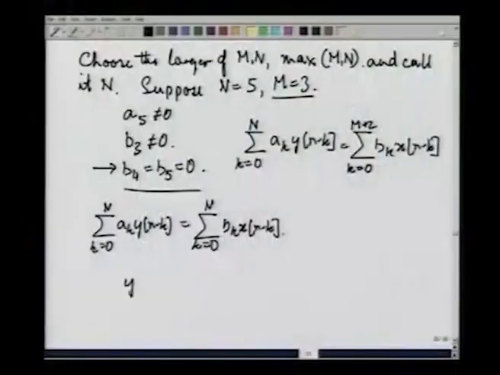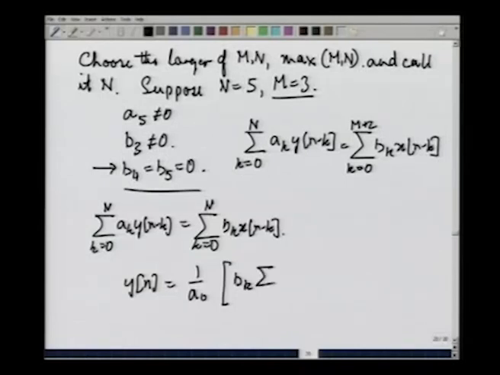We can write y n equals 1 by a naught, which is the coefficient of y n, times summation k equals 0 to capital N b k x n minus k minus summation k equals 1 to N a k y n minus k.